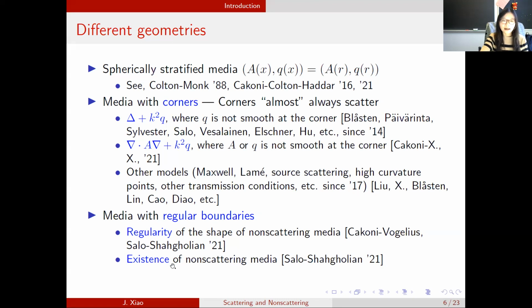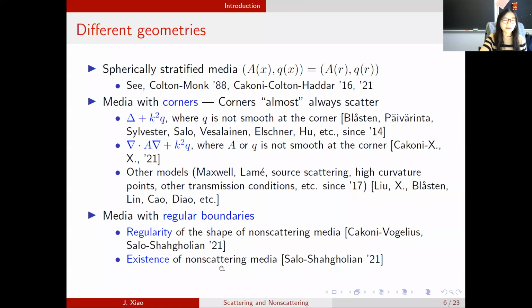Basically, they first construct an incident field which is always positive on a real analytic domain, or infinitely smooth domain, I may be wrong, at least infinitely smooth domain.